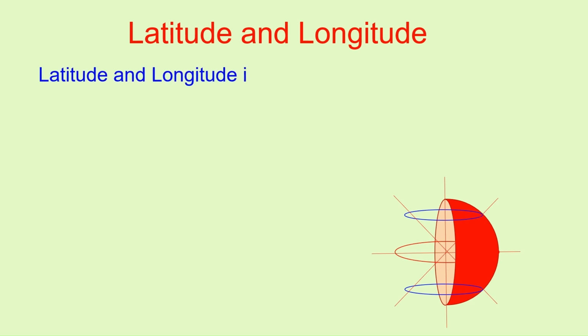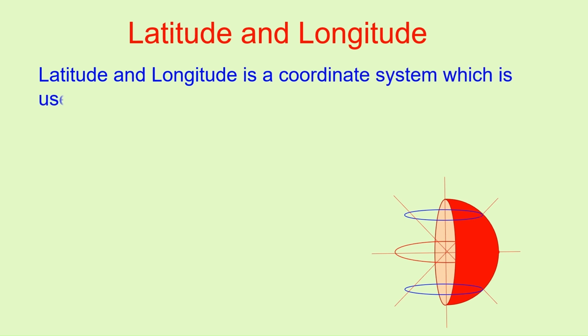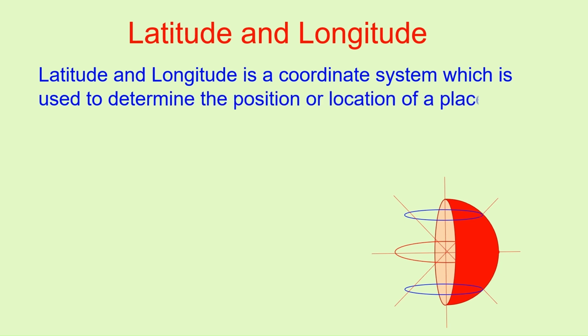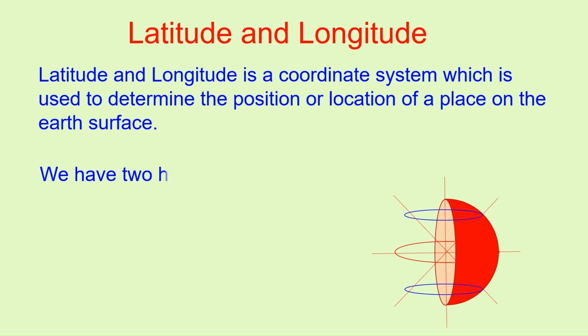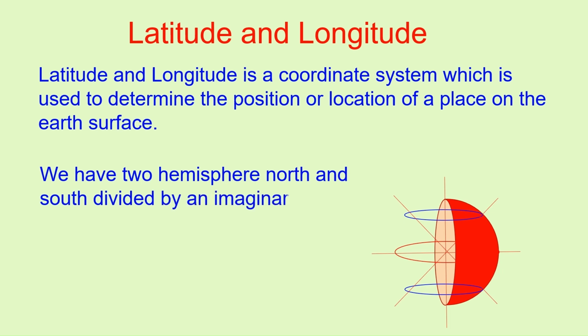Latitude and longitude is a coordinate system which is used to determine the position or location of a place on the Earth's surface. We have two hemispheres, north and south, divided by an imaginary line, the equator.